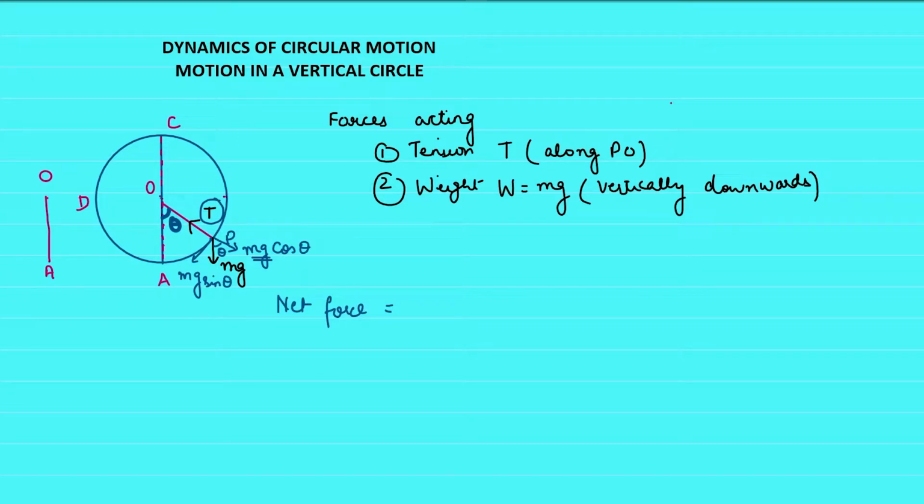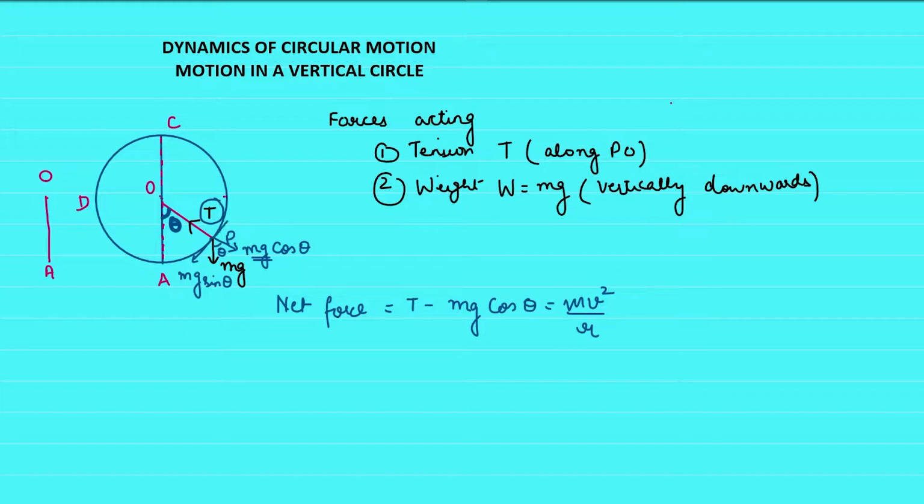So the net force acting towards the center is given by T minus mg cos theta. And this is the force which will provide the necessary centripetal force. Hence, we can equate it to mv square by r, where v is the velocity at point P. So you can mark this velocity.